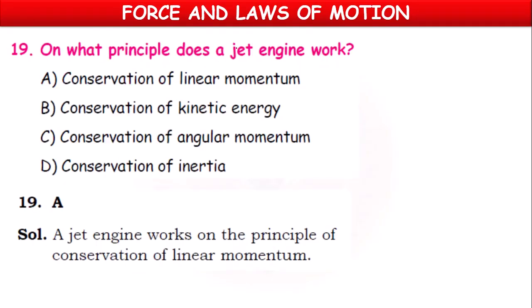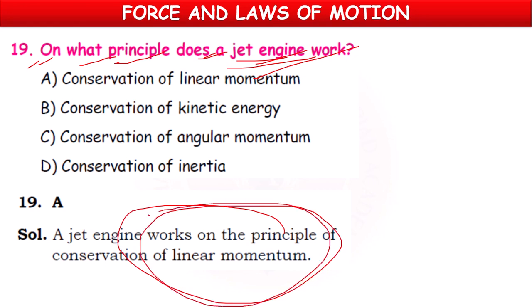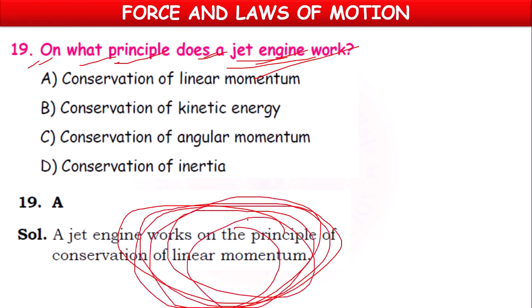Next one, 19th question. On what principle does a jet engine work? A jet engine works on the law of conservation of linear momentum. So answer option A is correct.